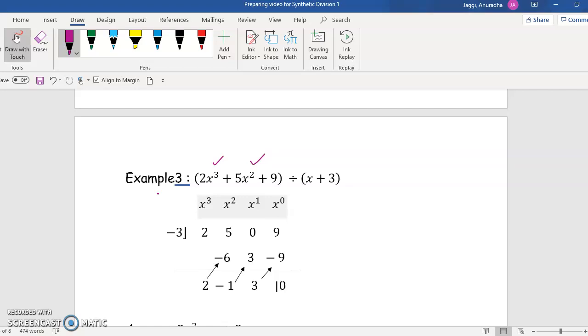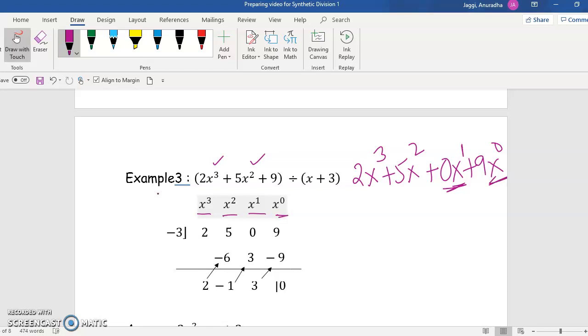So we are going to rewrite our dividend: 2x cubed plus 5x squared plus the x term is missing, so we put the coefficient 0, 0x plus 9. And we know that 9 means 9x to the power 0. So now we write down starting from x cubed to x squared to x to the power 1, and x to the power 0.